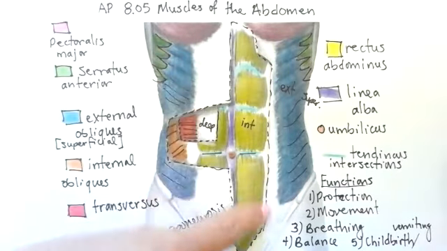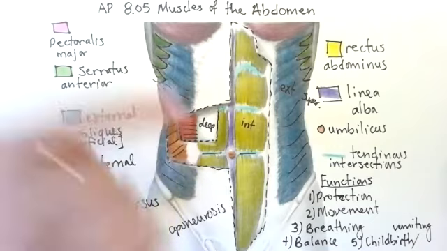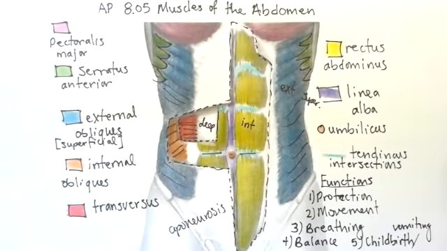We don't have it colored in. This is called the linea semilunaris, but we're going to let that one go and just focus on the linea alba and the tendinous intersections. Those tend to show up the most on six-packs. So if we were in class, I would be pulling up a picture of a bodybuilder, and we would take a look at the fact that we can see all of these lines and landmarks.